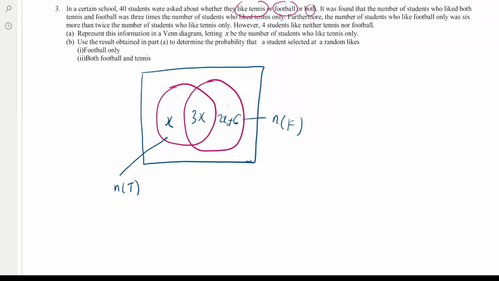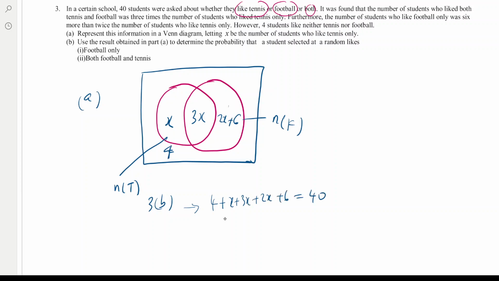Coming to 3b now, use the result obtained in part a to determine the probability that a student selected at random likes football only, and both football and tennis. First of all, we have to solve for x. From the diagram, taking 4 plus x plus 3x plus 2x plus 6, it has to be equal to 40 total.